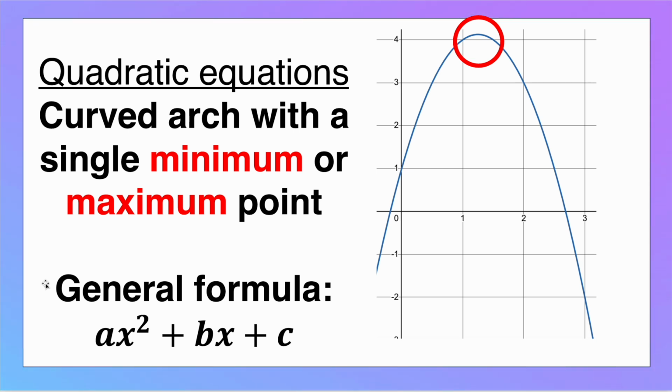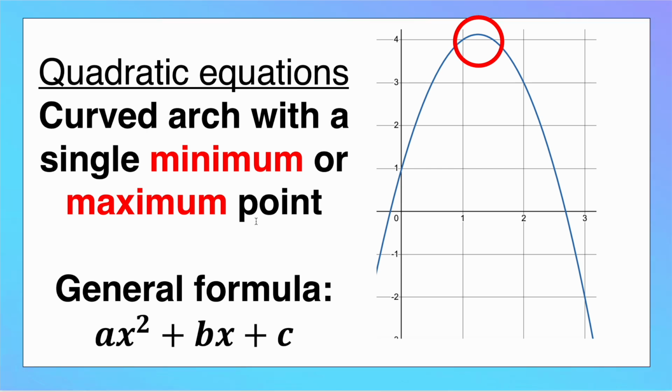A quadratic graph is what you see on the right here. It's a curved arch with a single minimum or maximum point. As you can see circled there in red is our maximum point. If this graph was flipped, then that red mark could be down here, and that would be the minimum point.